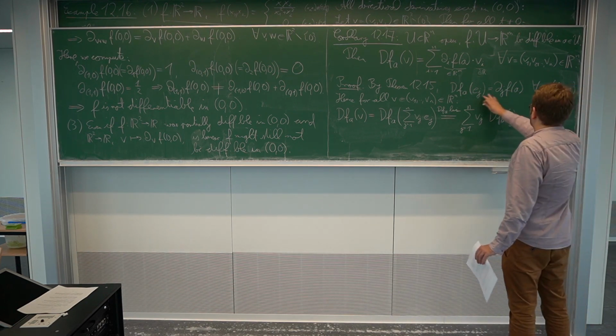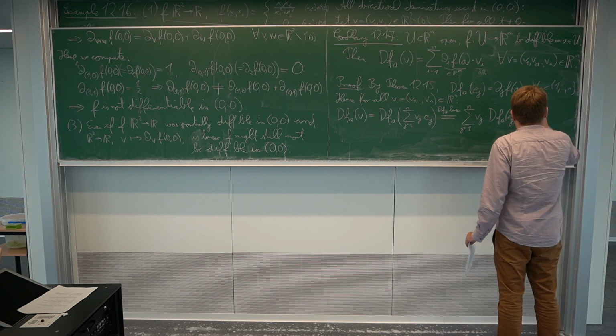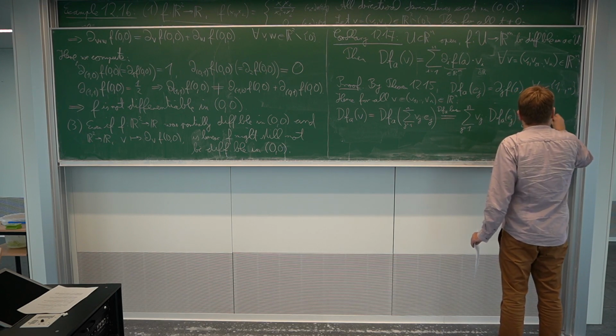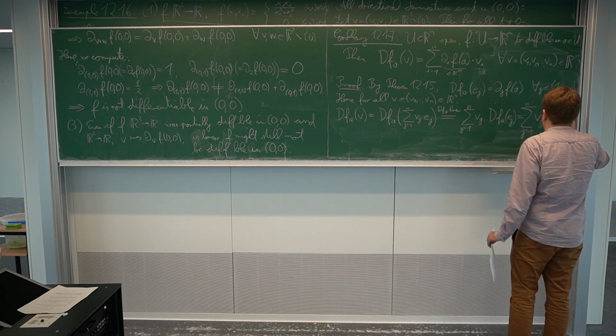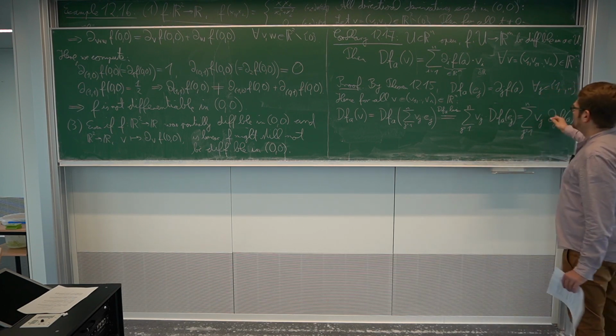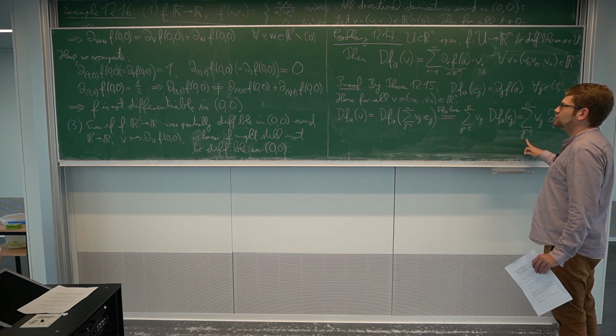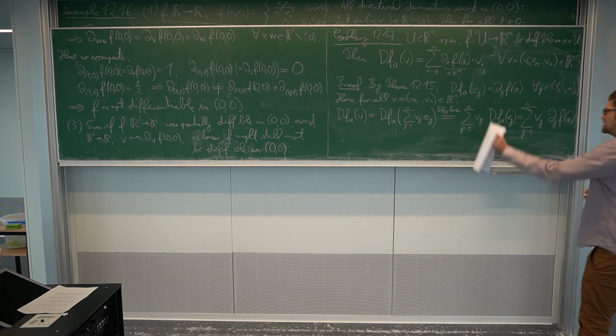And there we have it already, because this is the partial derivative. So this is the same as the sum from 1 to n of v_j times ∂_j f in a. And just by switching the order of the two factors, and I don't know why I changed the notation from i to j in the index, but this doesn't matter, this just shows the equation.